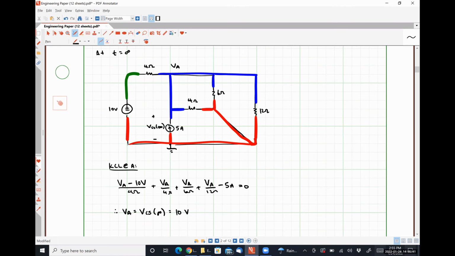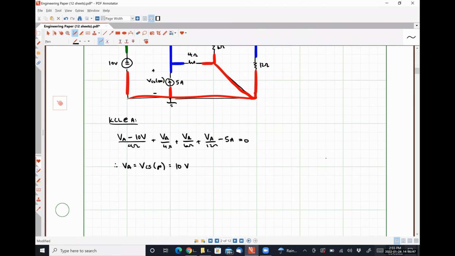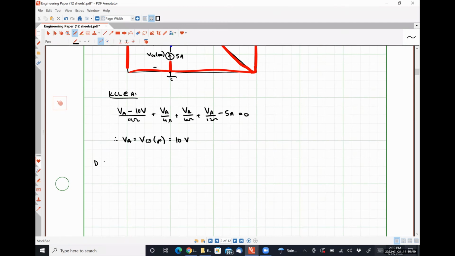All right, so we now need to determine the time constant for our circuit. For an RL circuit, we know that tau is the equivalent inductance divided by our equivalent resistance.